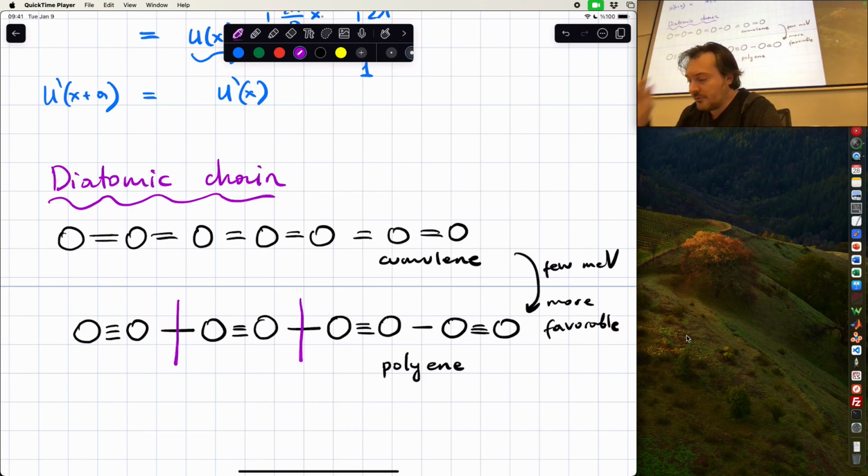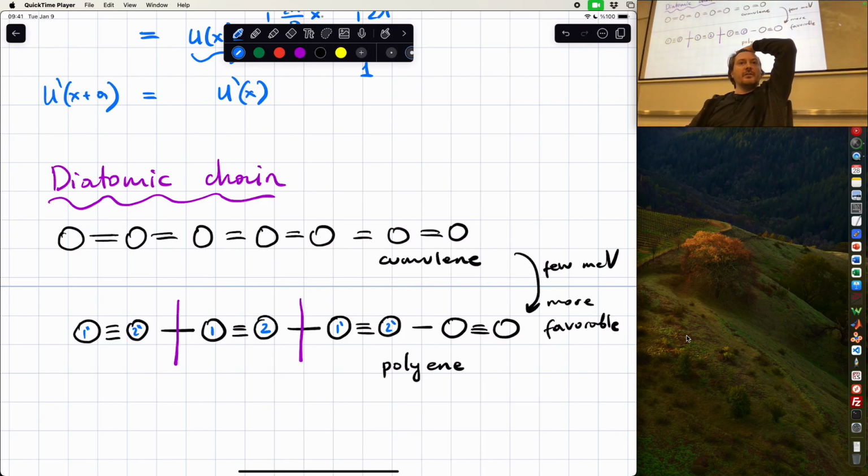So for this one, we can talk about atom number 1, atom number 2, image of atom number 1, image of atom 2, the other image of atom 2, atom 1, and the other image of atom 2.